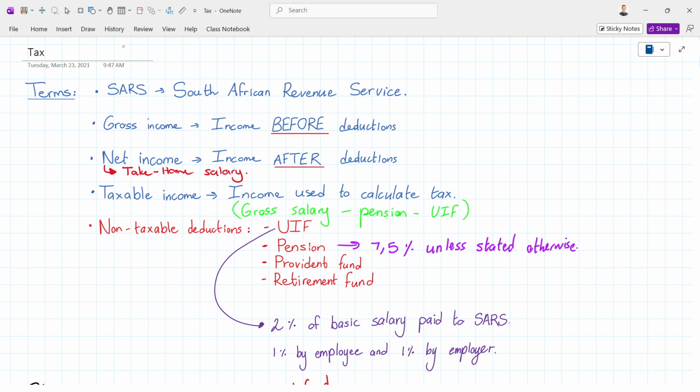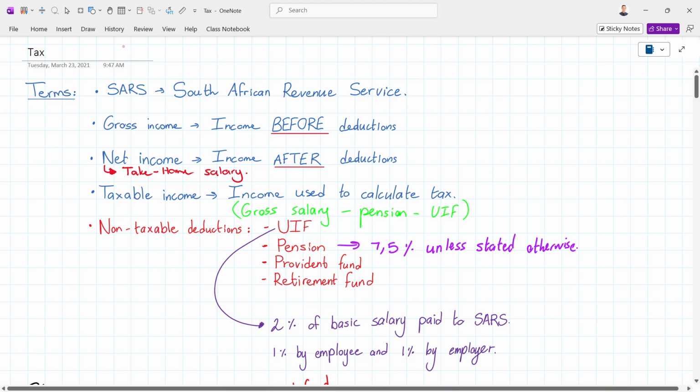Your gross income can include subsidies like housing subsidies or travel allowances. All of those things can form part of your gross income, but you still have a basic salary. That is just your salary without any deductions made to it and no additional benefits added to it.